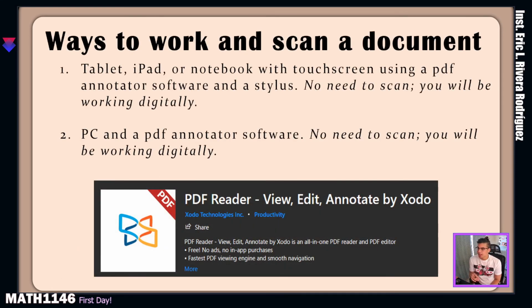All right. I think I have covered the most important parts of the class. Now what I'm going to do is show you ways to work on the documents. We are going to work on the first workshop of the day. Today, I want to make sure that you are submitting the work correctly and following the format.